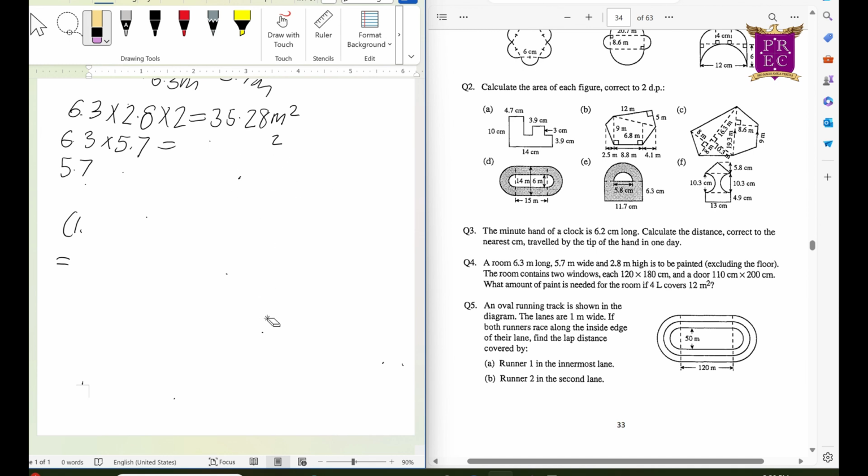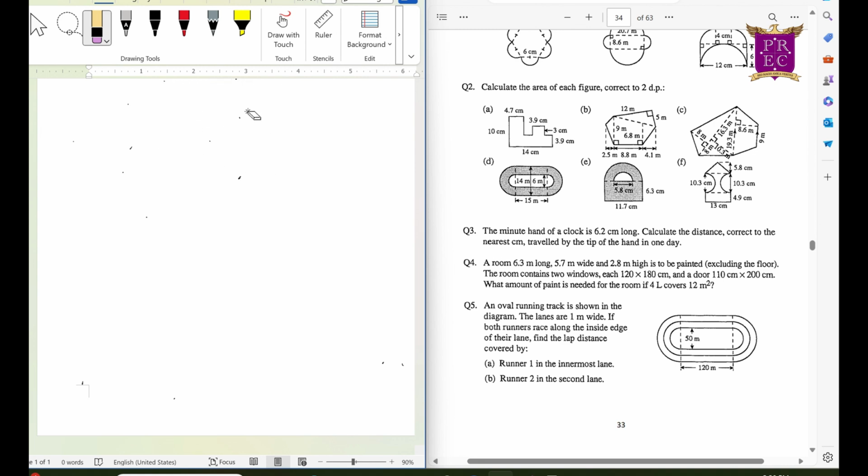Runner 1 is in the innermost lane, which is this one, and they're running on the inside edge, so they will be here. Runner 2 is in the second lane, running on the inside edge, so it will be this edge here. We need to find out the lap distance.